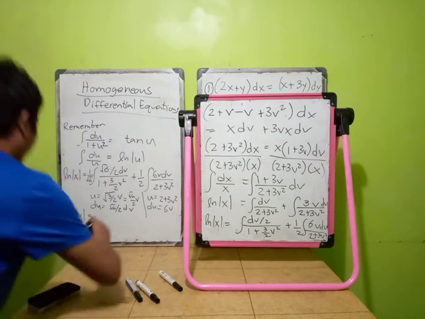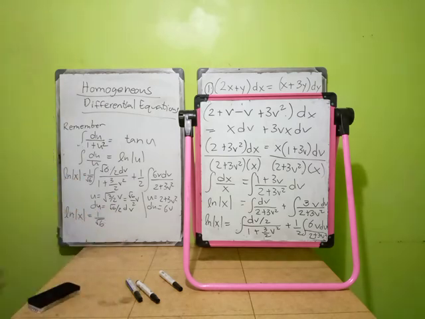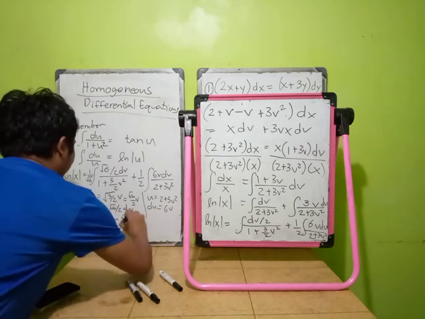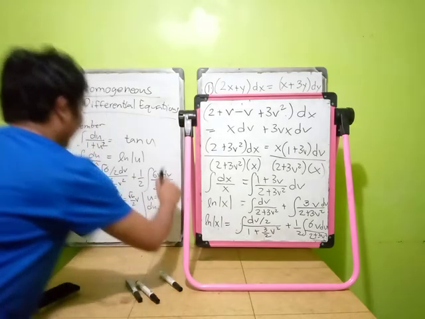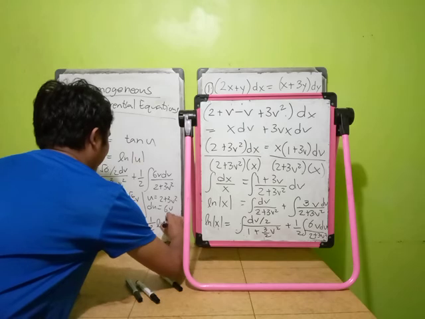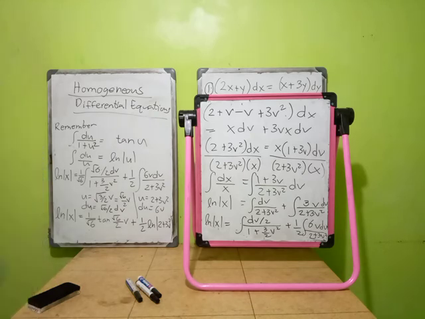So, magiging 1 over square root of 6 tangent of square root of 6 over 2 v, okay? Plus 1/2 ln of absolute value of 2 plus 3v squared. Yan.